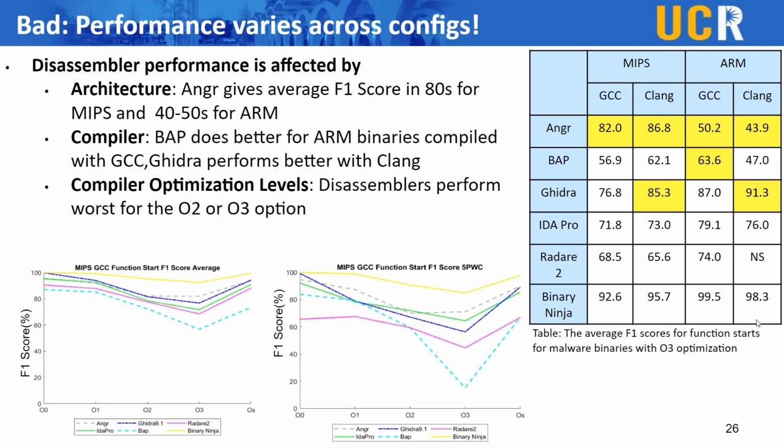And if you look at the bottom two graphs, you notice that the performance for binaries compiled with the O3 option is worse for most of the disassemblers. In fact, for all of them, because there is a dip when it comes to the binaries that were compiled with the O3 option. So the key message here is that disassembler performance is affected by architecture, compiler, and compiler optimization levels.